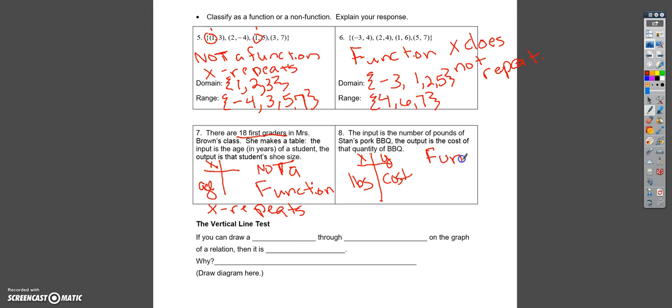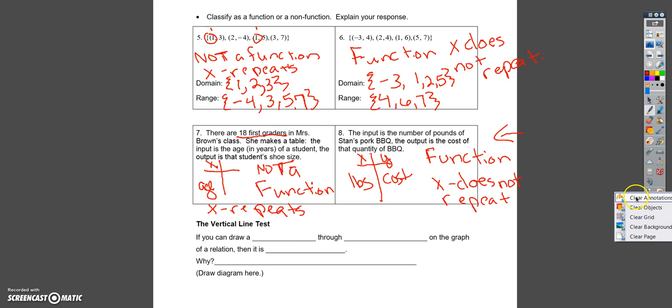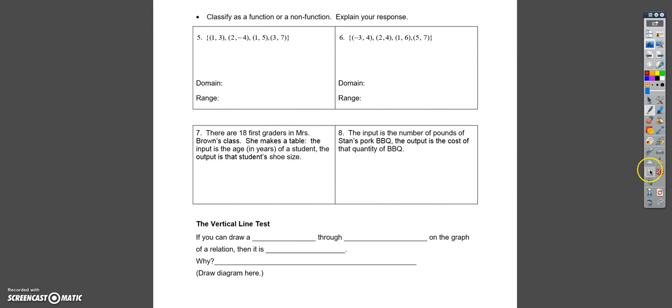So this is a function. X does not repeat. Okay. If you need help on these two, I'll explain them again in class if you just ask me. Or on any of them, not just those two.